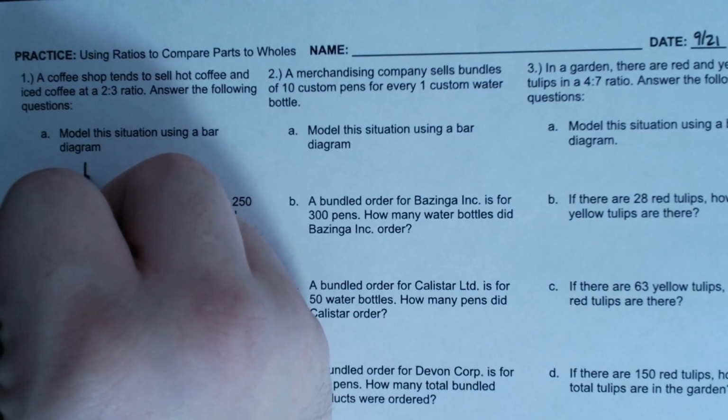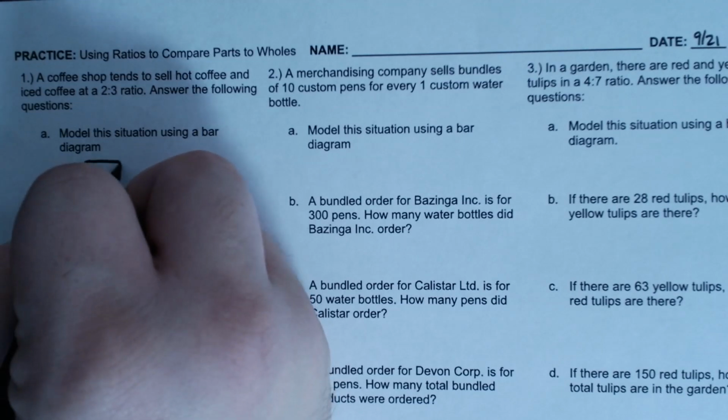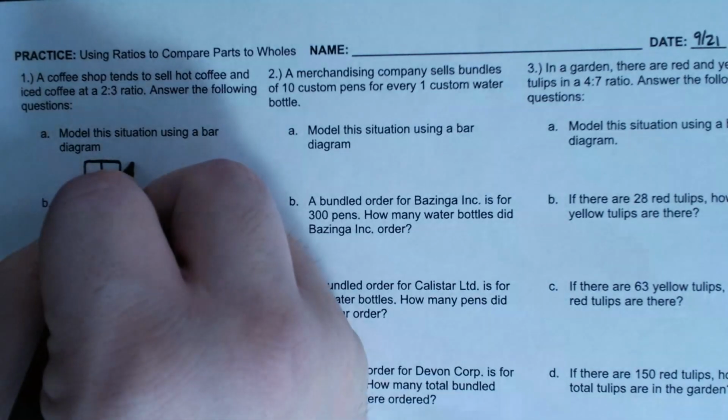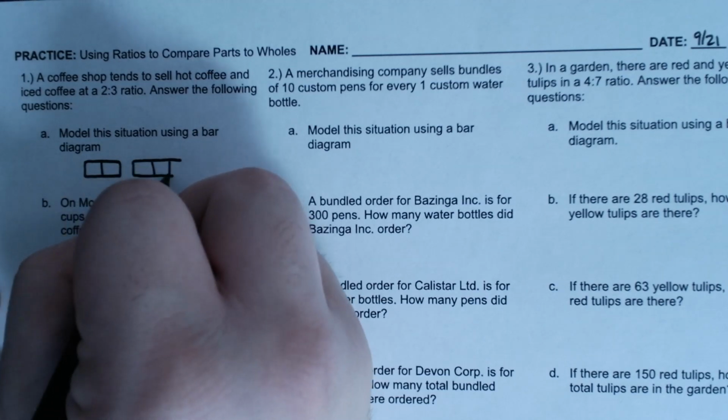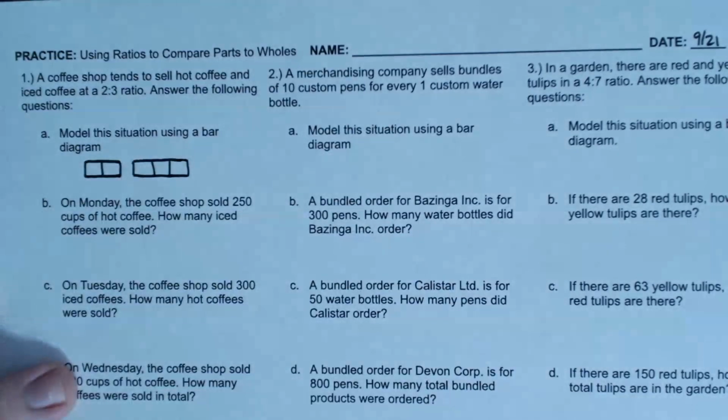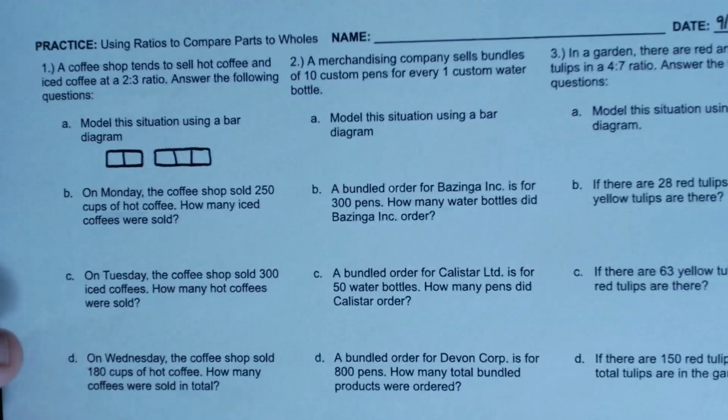If it helps, you're more than welcome to have them kind of disjointed. Like that. That still works as long as you know that in total, for every 2 hot coffees and 3 iced coffees, it's 5 coffees in total.